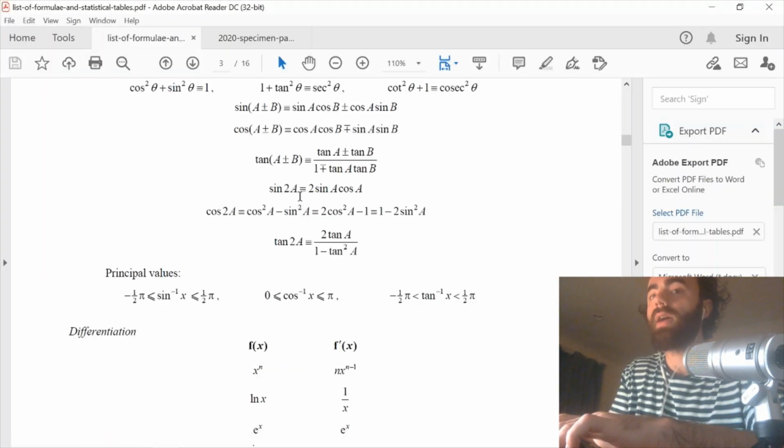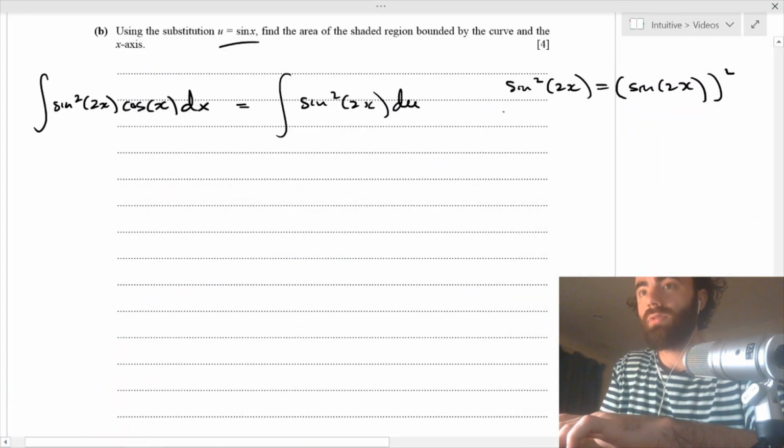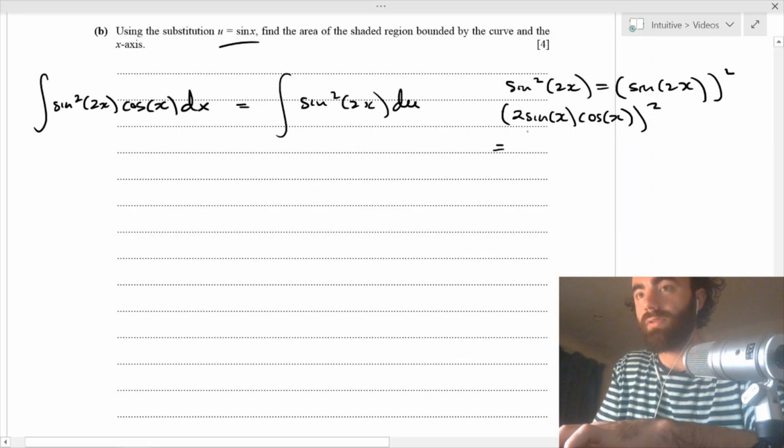Sine of 2a is 2 sine a cos a. So sine 2x is 2 sine x cos x from that formula, squared. And that equals 4 sine squared x cos squared x.